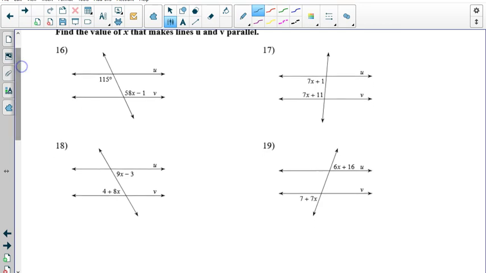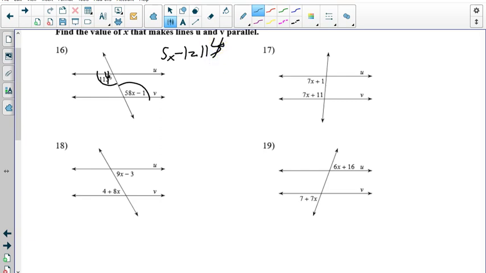All right, so these two angles here are both obtuse. They are alternate interior angles, so they are equal. So 5x minus 1 equals 114. Let's make this 114, make our life easy.